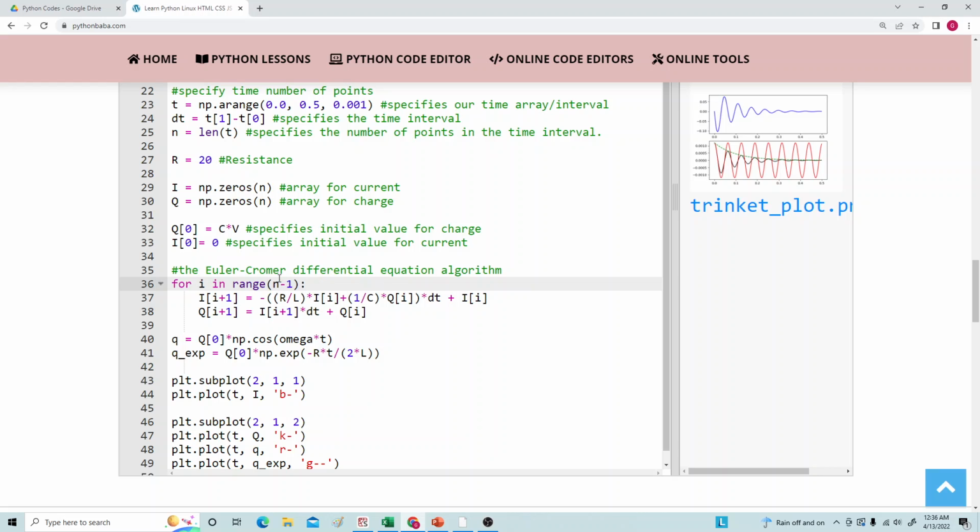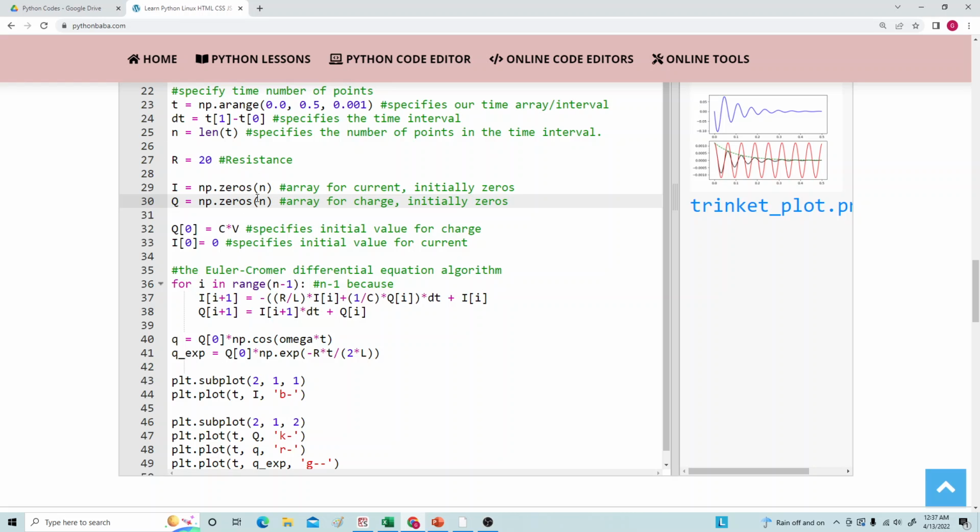But before we get there, note that the n-1 is because initial values were already specified right here. So my initial array for my charge, these were all set to zeros, right? But there's 501 zeros in here.